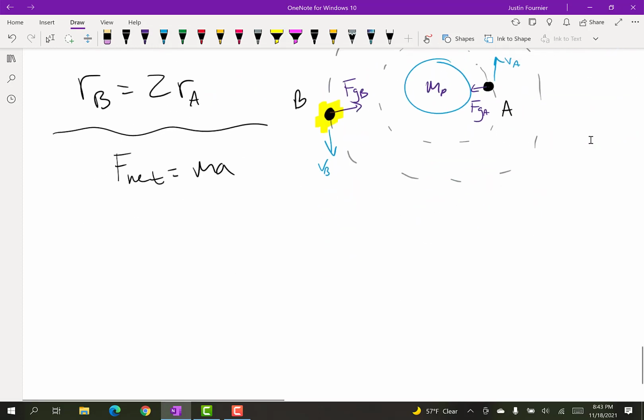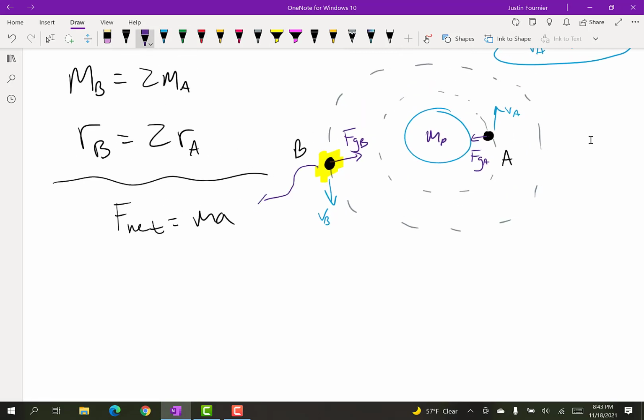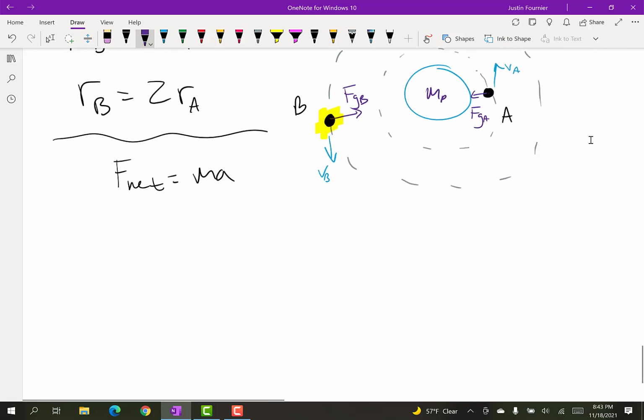All right. So next up, we always go with F net equals ma. I'm going to randomly decide that satellite B is my object. So if I do that, the force that's acting is the gravitational force, and that's going to be ma. But it's a special type of acceleration, centripetal acceleration, so it's going to be v squared over r. I want to be careful. This is mB, and so this is going to be rB, and this is F_gB.